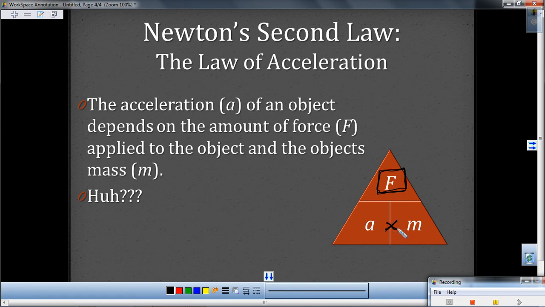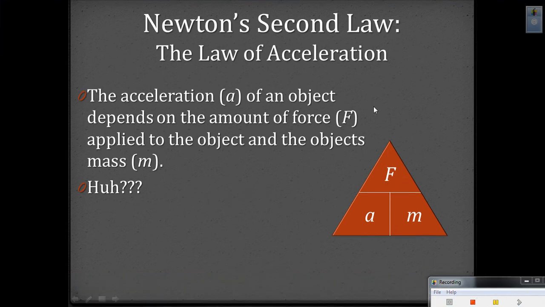So that would be acceleration times mass. Or, typically, the way you'll see this is mass times acceleration. This is how it's going to appear on your formula chart that you get during the STAR test. It'll show up as force equals mass times acceleration.